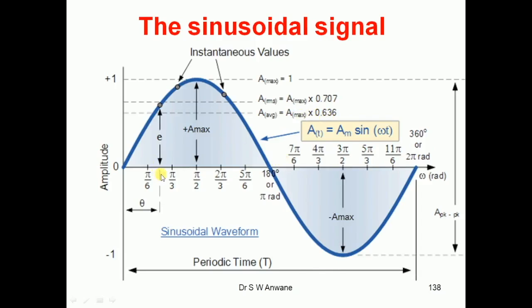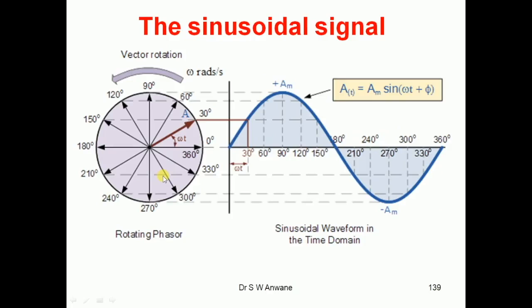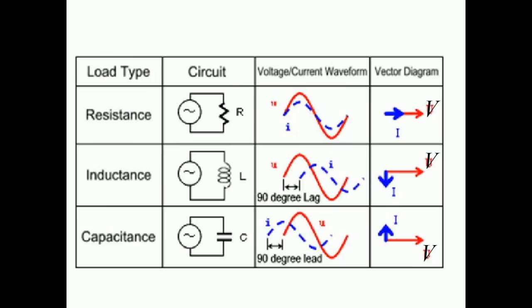We have already discussed this. Now here you can go through the different angles. The beginners I would recommend to look at this diagram, pause this video and finally look at this diagram.